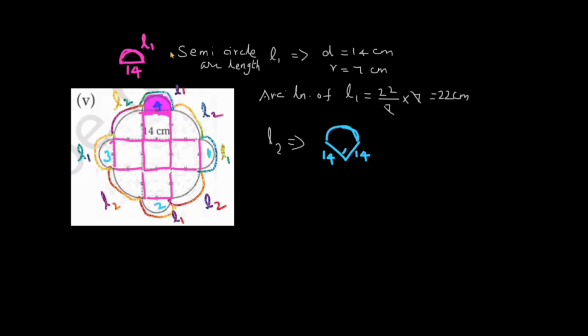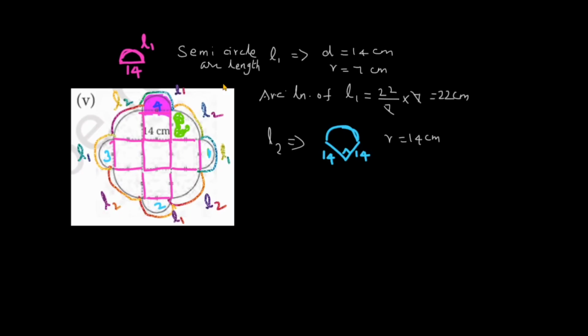Here the angle is 90 degree. You know sector's arc length. Sector's arc length is nothing but theta by 360 into 2 pi r. So when you are finding your L2, radius is 14 centimeter, or else you can take that as a quadrant. This L2 is our quadrant.